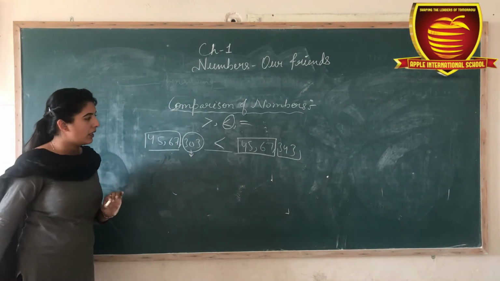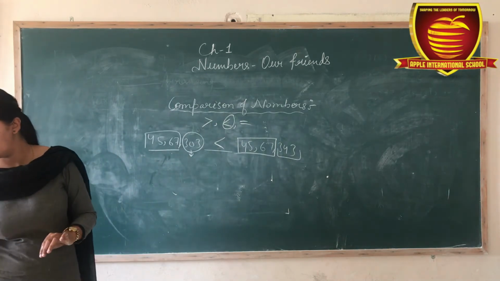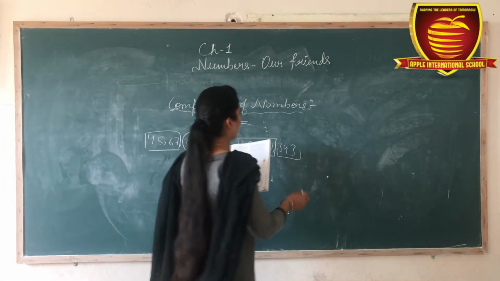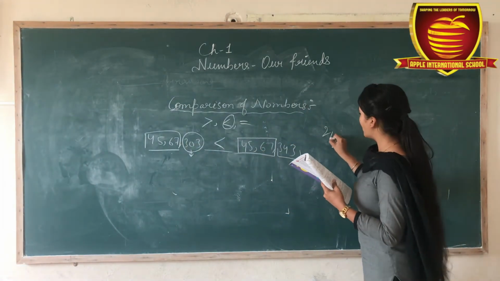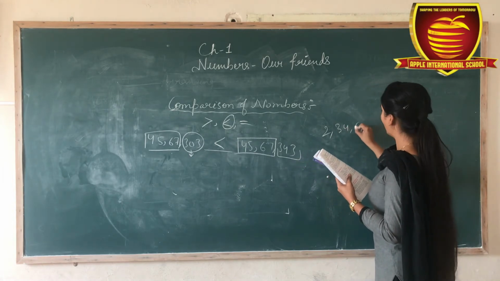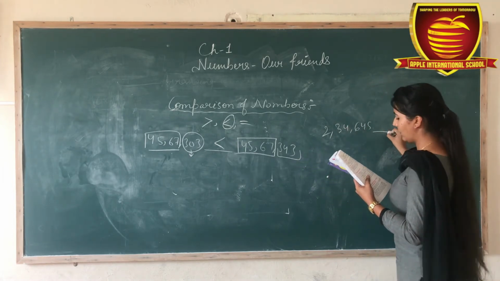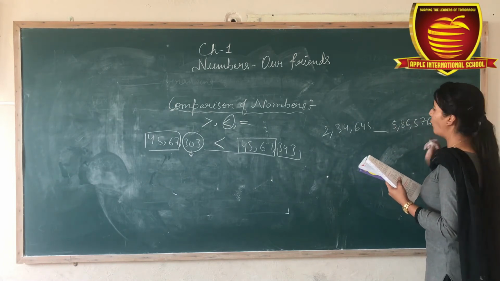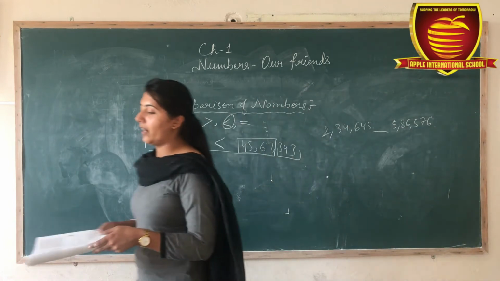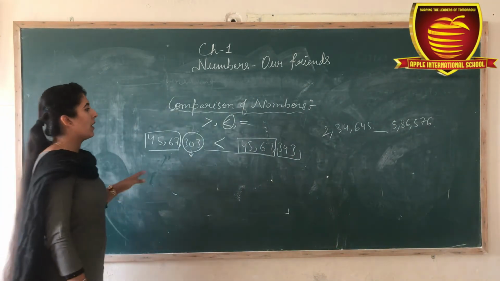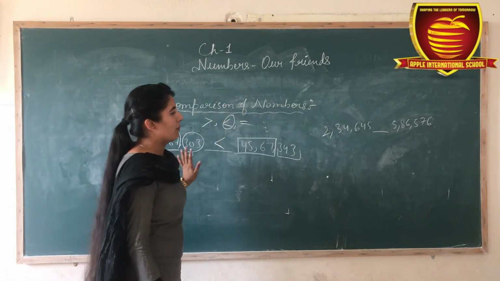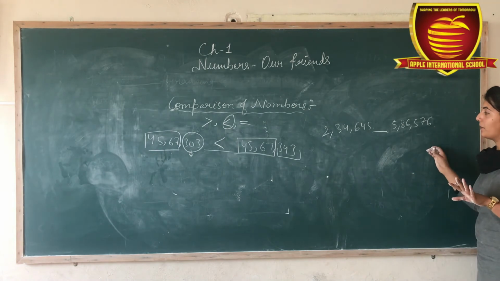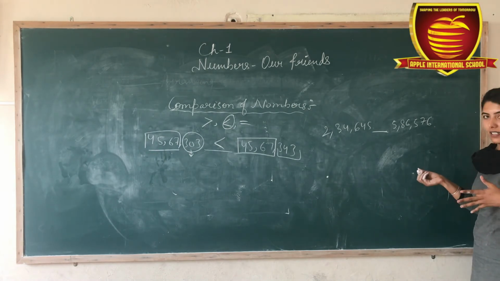Now we take one more example. For example, 234645 and 586576. Now find out which one is greater and which one is smaller. Here the numbers are not the same, so firstly we try to read these numbers.